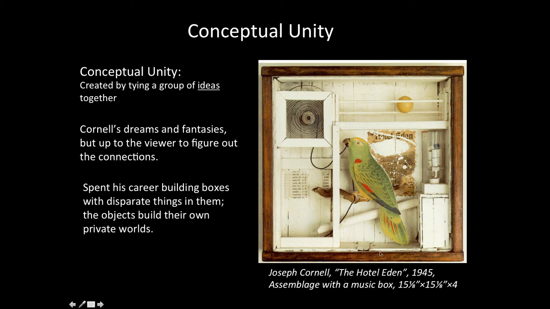So if you ever see a box, something like this is probably a Joseph Cornell. And as you can see, he has a square here and a square here. They don't really relate to each other. So these things that he found were just sort of dreams or fantasies. We're not sure if they have any meaning.